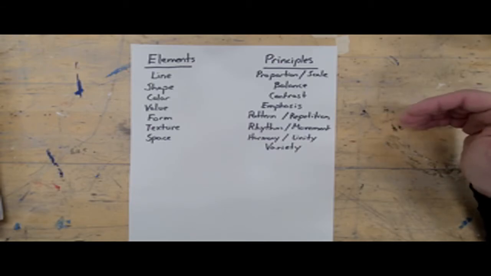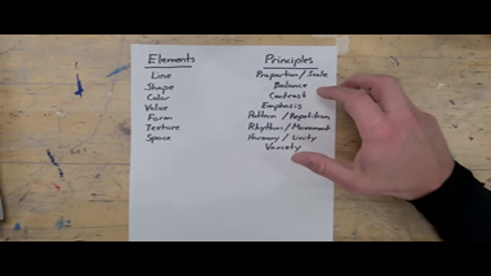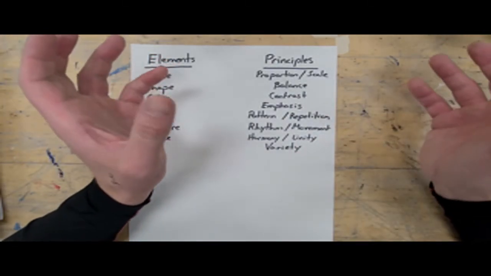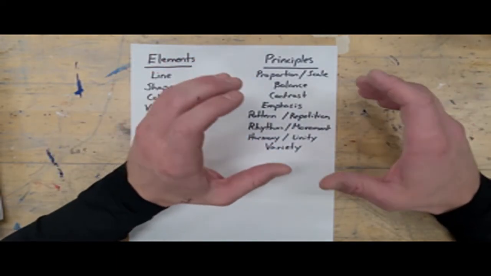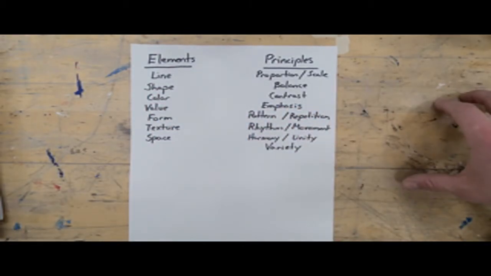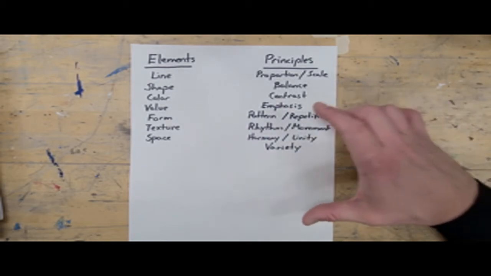figurative or metaphorical way. So with proportion or scale, the things that are most important are going to be the biggest, and the things that are least important are going to be the smallest. When you look at young children's artwork, if they draw a family portrait, they will put themselves, if they are still in an egocentric state, as the largest.